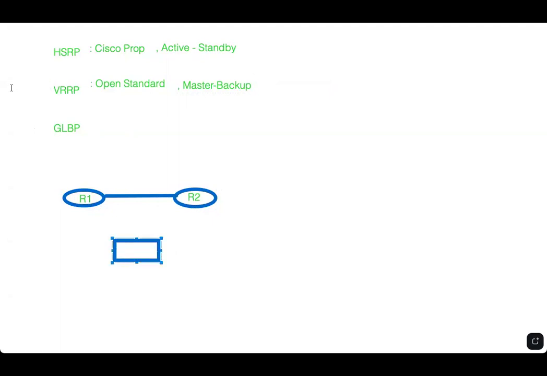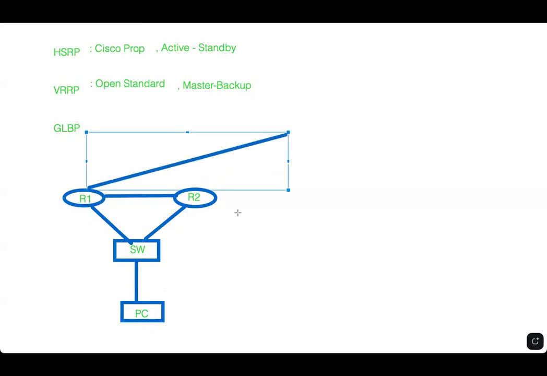For ease of understanding, I'm taking one switch, and this will be connected to a PC. Let's say this PC wants to go to the internet. This router 1 and router 2 will have the connection to the internet.